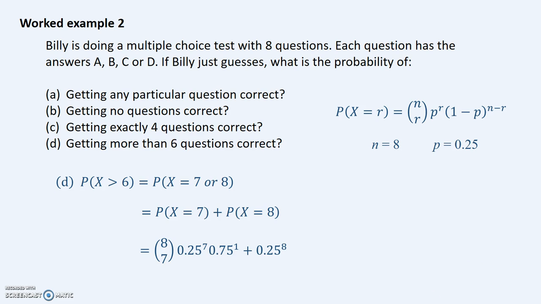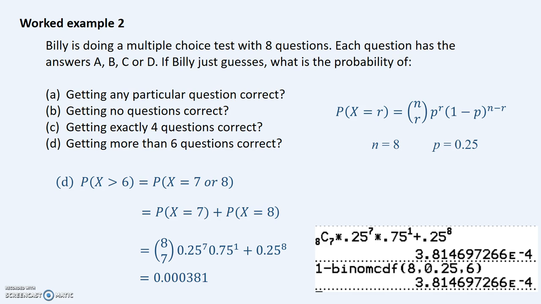So 7 is 8 combination 7, 7 right, 1 wrong, plus 8 right. And you work that out and you get that. Again, you can use your binomial PDF. Remember, if your calculator says e to the negative 4, that's times 10 to the negative 4, so it's 0.0003 and 81.